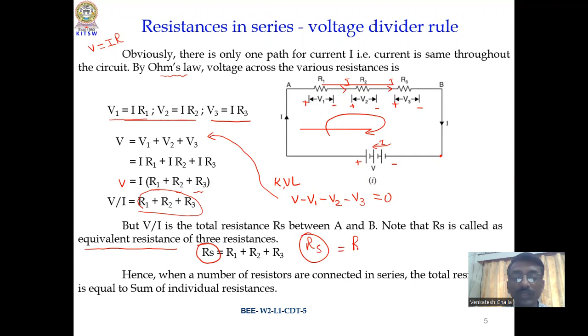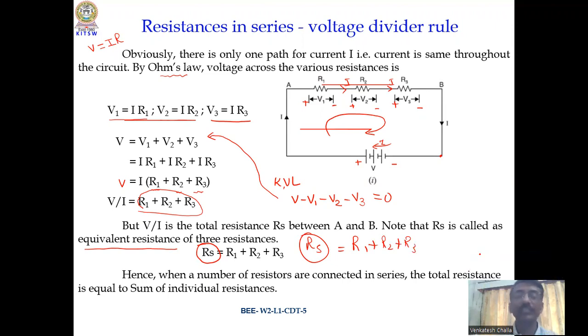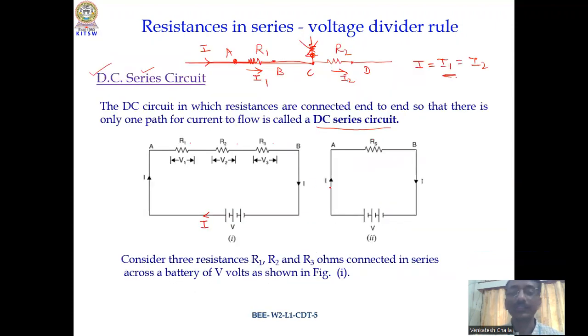And what will be its value? R1 plus R2 plus R3. So what does it mean here? If three resistors are connected in series, I can represent them by a single resistance like this. So three resistors connected in series can be converted into a single resistor RS between the same terminals AB and same voltage.